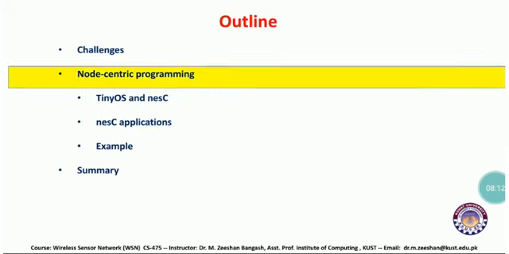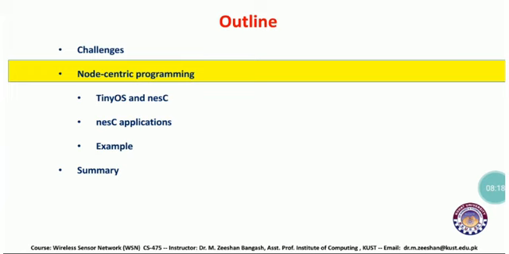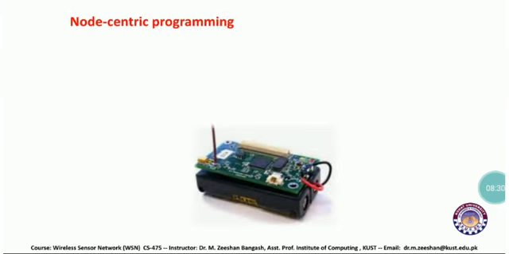So let's discuss the specific programming technique for programming a node, which is node centric programming. What is node centric programming? It's basically the programming abstraction under the node centric model.